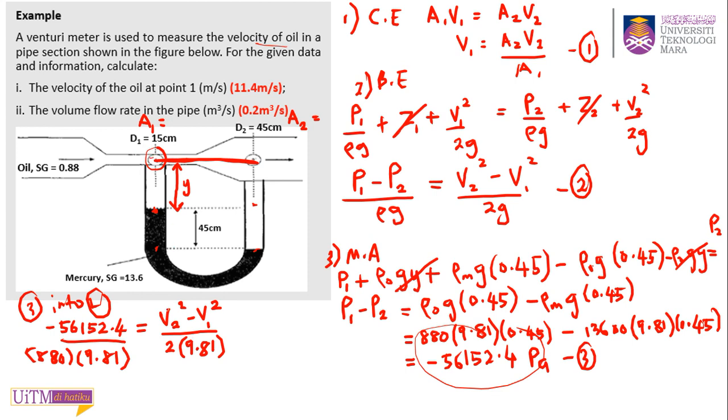So V2 equals A1 times V1 over A2. So you can put this in for V2.